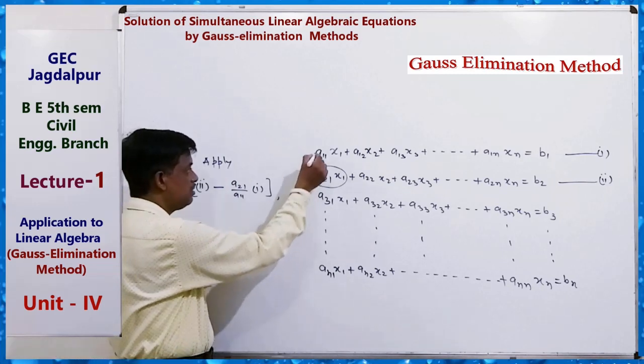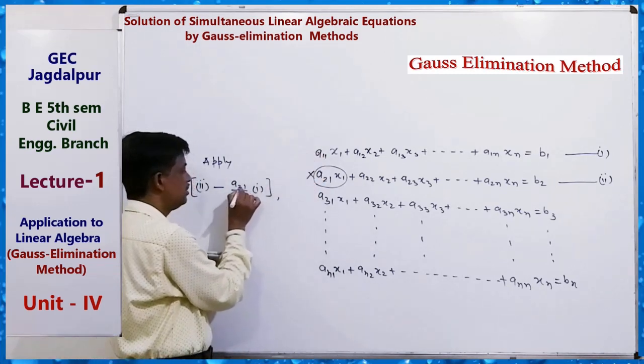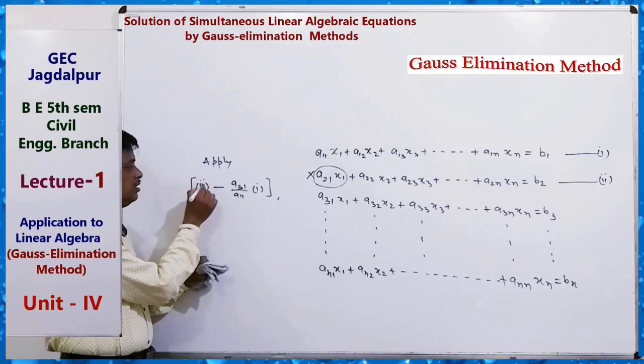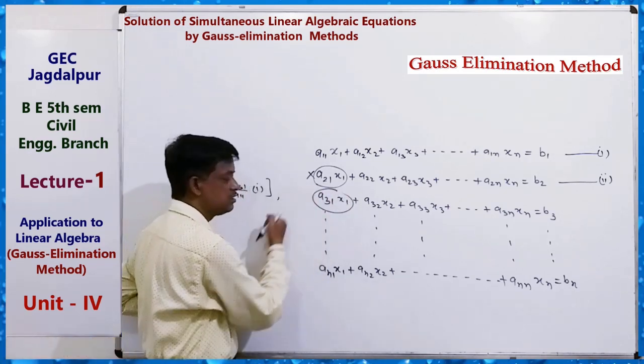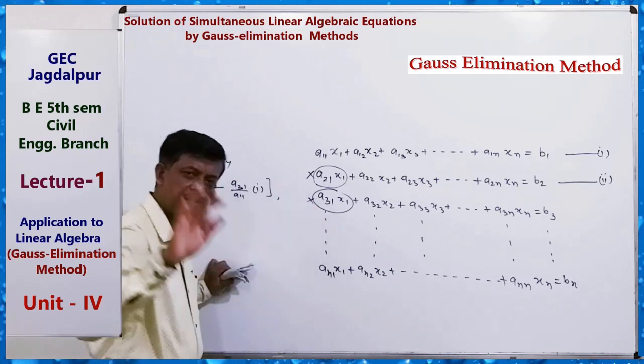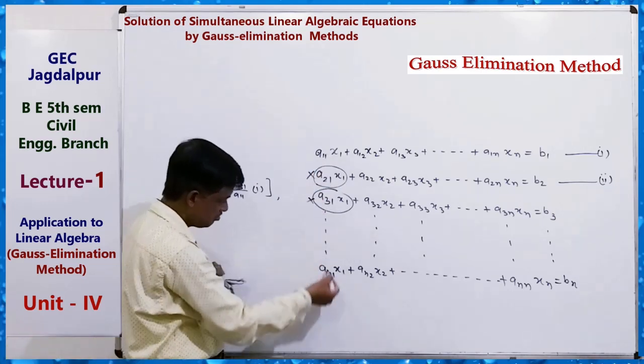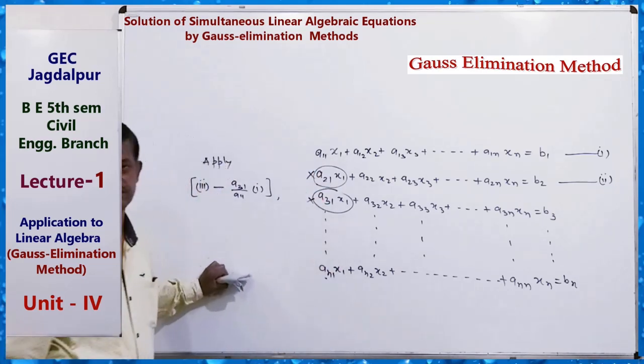Similarly, by multiplying by A31 and subtracting from equation 3, this can be cancelled out, eliminated. Similarly, you can do this up to the last.